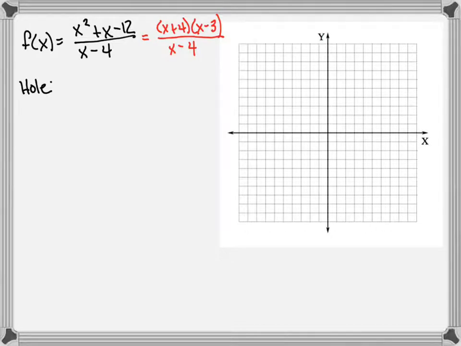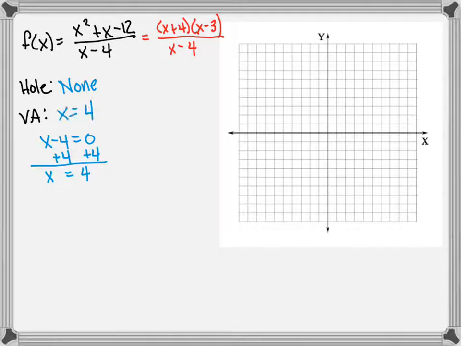To find the coordinates of our hole, well, we had nothing that canceled, so we can't set anything equal to 0, so we have no hole, or no removable discontinuity. To find our vertical asymptote, let's set x minus 4 equal to 0 and solve for x. x equals 4. So we can draw a vertical dotted line at x equals 4.